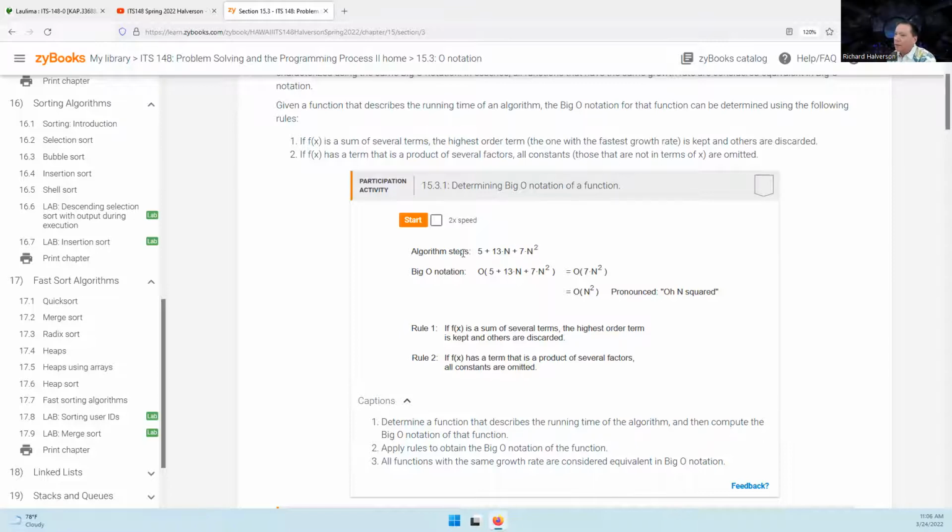So when we get into this, we may do a couple, but really all you need to know here is that you take the biggest term and you drop off everything else. Okay, you drop off all this other stuff, and this is going to be O of n squared, because n squared is the biggest term, and all the rest of the stuff, this is the dominant term. And here we're talking about, if we're going from 1,000 to 1 billion or something, this is going to be the dominant thing.